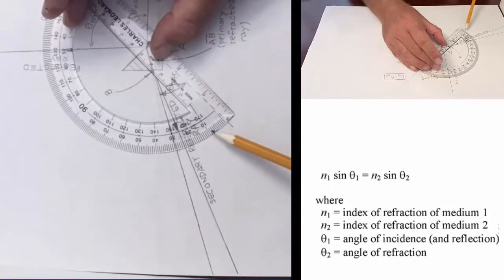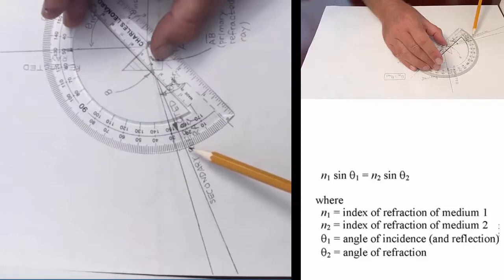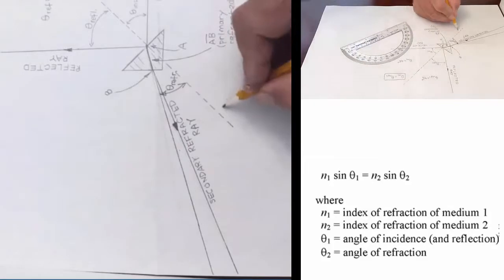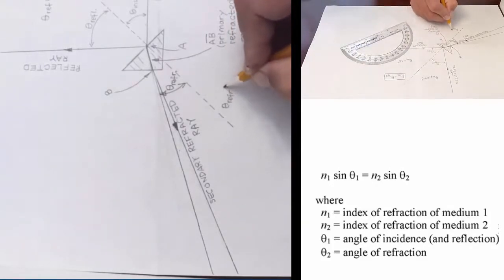So from here we're measuring 10 degrees, 20, almost 30, so about, let's say, 29 degrees. So we're measuring 29 degrees for the refracted angle. So we are going to record it here as theta refracted equal to 29 degrees.